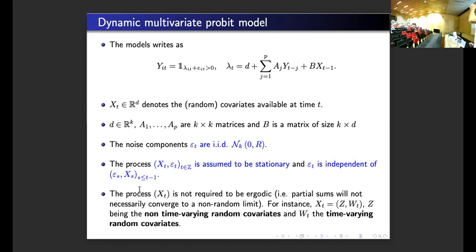This will be important in the longitudinal case because we put some covariates that sometimes are fixed across time, and then we don't want to use a specific ergodic process. For instance, you can have this decomposition of the covariate process. You can have a fixed covariate and a time-varying covariate. So typically Z is the point characteristic, if you prefer, in the example, and W_t, for instance, is the meteo's temperature.